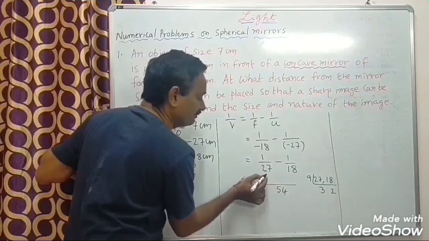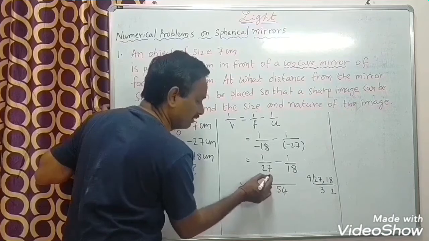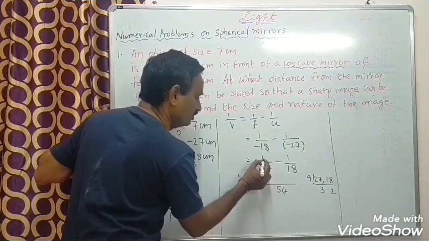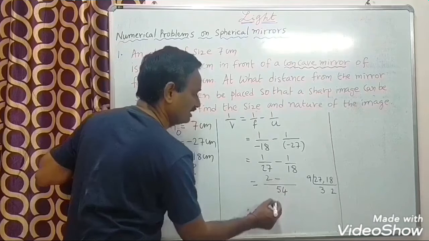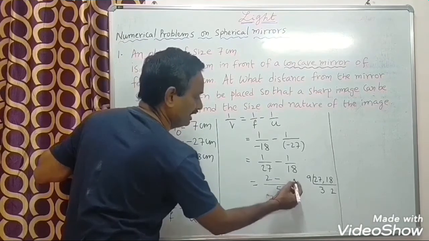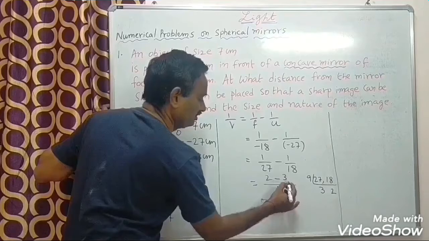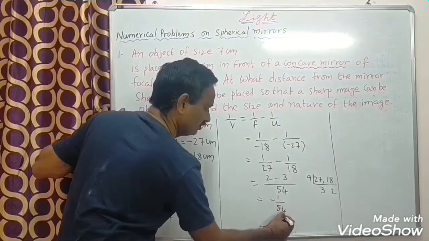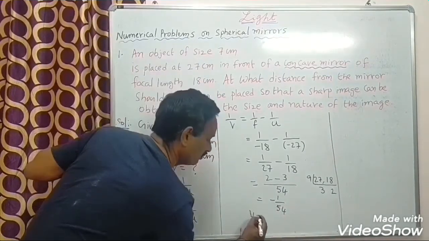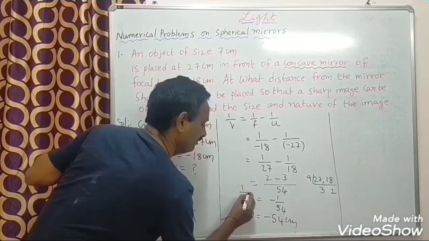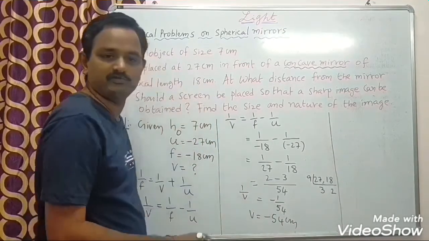Then 54 divided by 27 is 2, so 2 into 1 is 2, minus, and 18 divides 54 three times, so 3 into 1 is 3. So what I got is minus 1 by 54. So 1 by v equal to minus 1 by 54, so v equal to minus 54 centimeters.